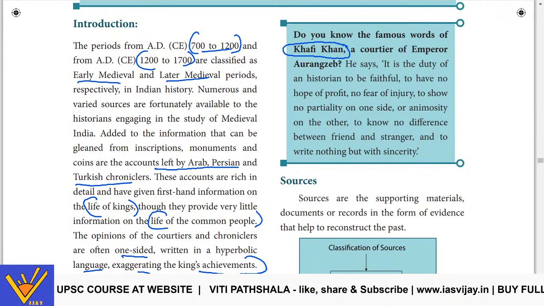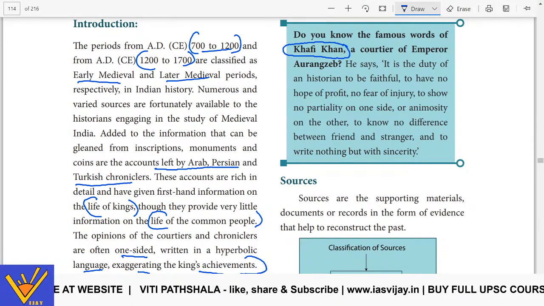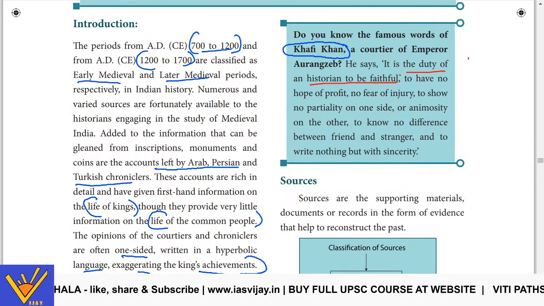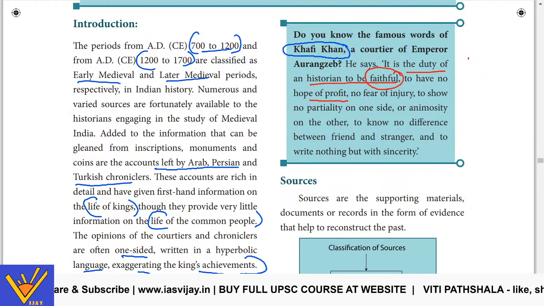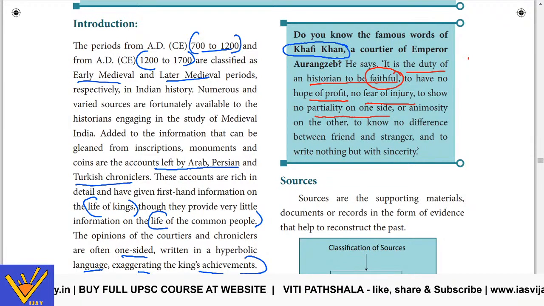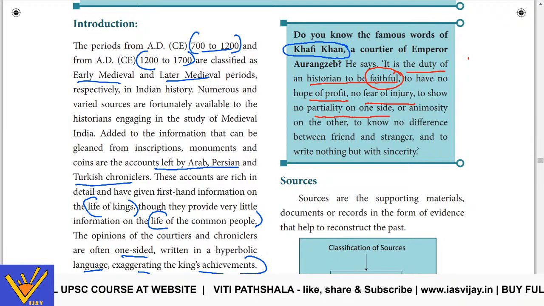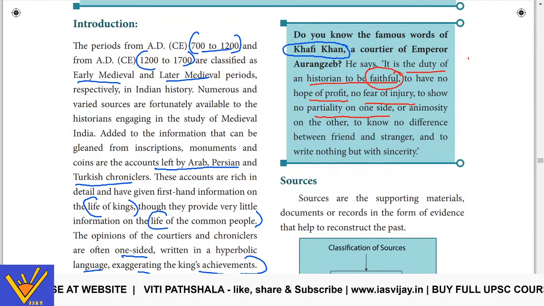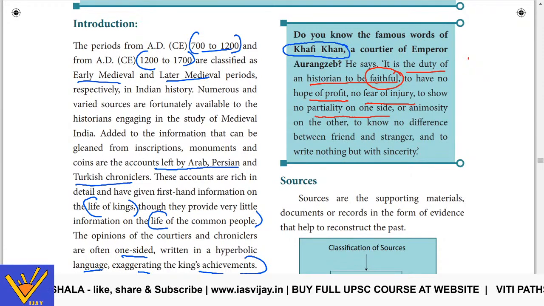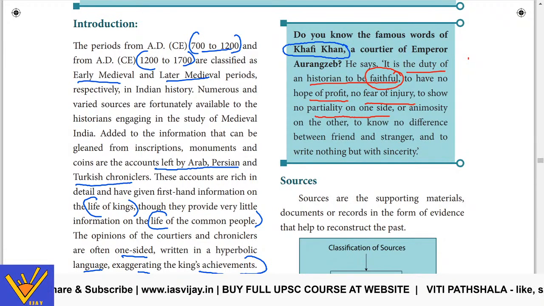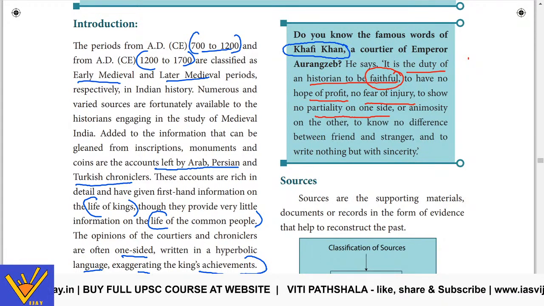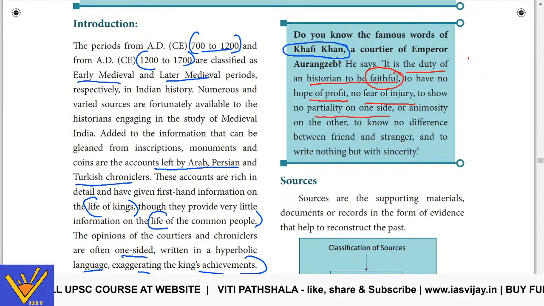Now he says that it is the duty of the historian to be faithful, to have no hope of profit, no fear of injury, to show no partiality on one side or animosity on the other, to know no difference between friend and stranger, and to write nothing but with sincerity. Meaning that a historian should have no attachment to anyone, no attachment to money, and should write without any attachment. So this was said by Khafi Khan, he was the court historian of Aurangzeb.